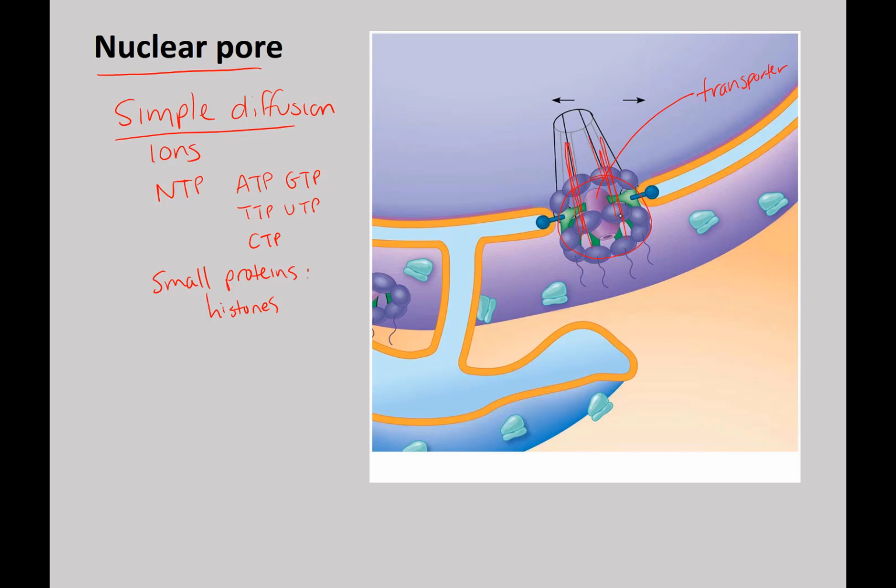Diffusion is based on concentration, so they go from high to low, and they can go in either direction. So if you have a histone protein out here, and the rest of the proteins are bound up in the DNA chromatin, then the histone proteins could go right in, and this is really important during DNA replication.